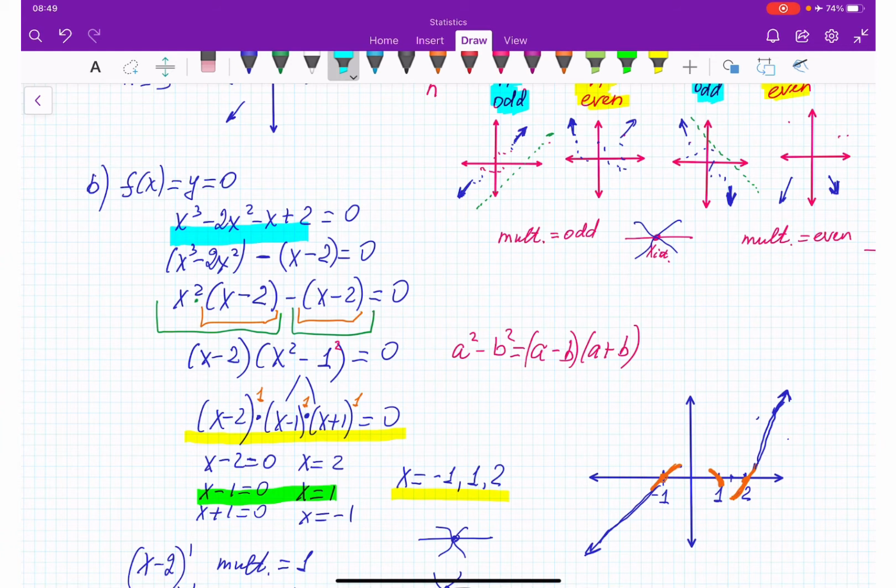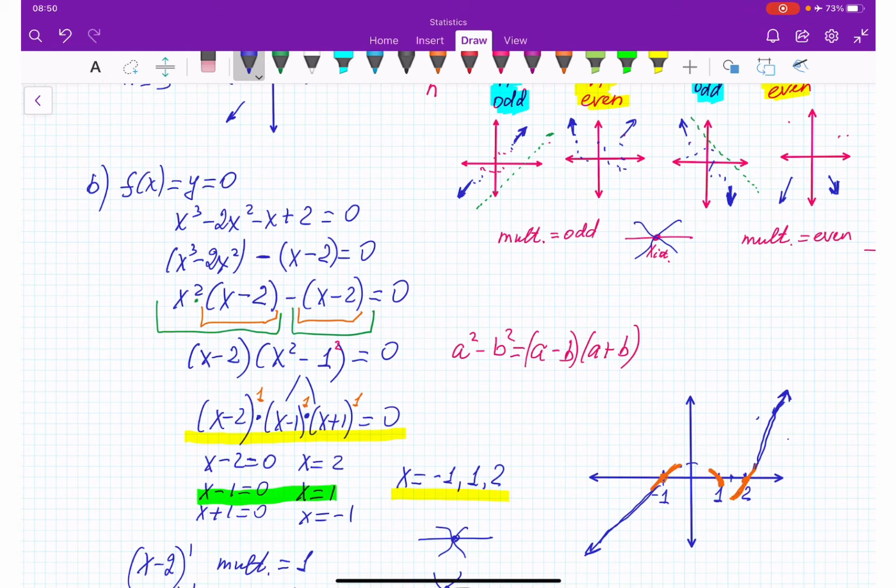But what will help me in this case? Since it's gonna cross my y here, I can figure out my y-intercept, right? And I will know approximately how high it will go.